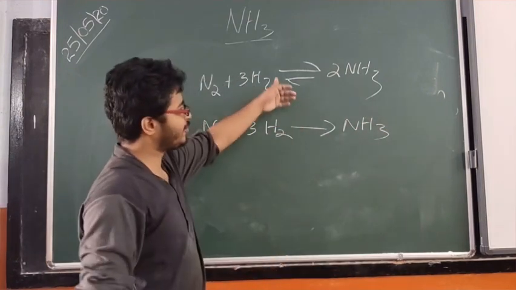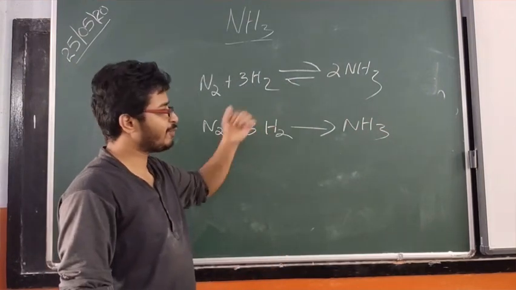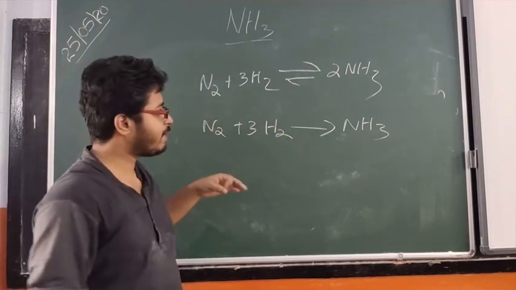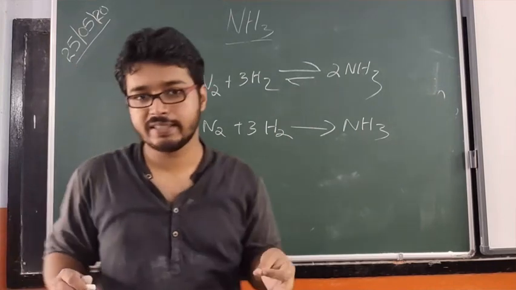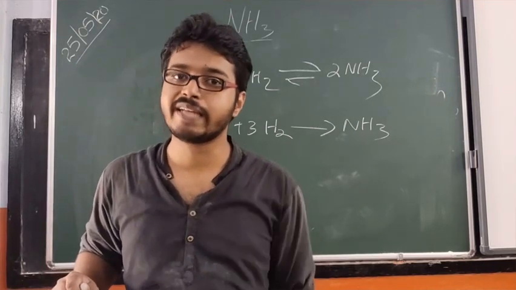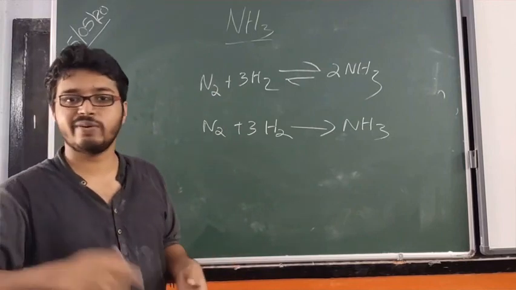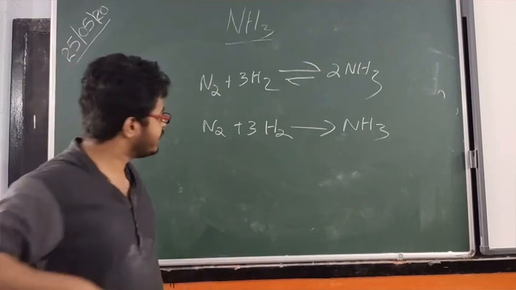Actually I am not supposed to write it in two steps, it is for your better understanding. You are supposed to study reversible reactions, forward reaction and backward reaction, but that is not explained in your syllabus. That is the problem here.